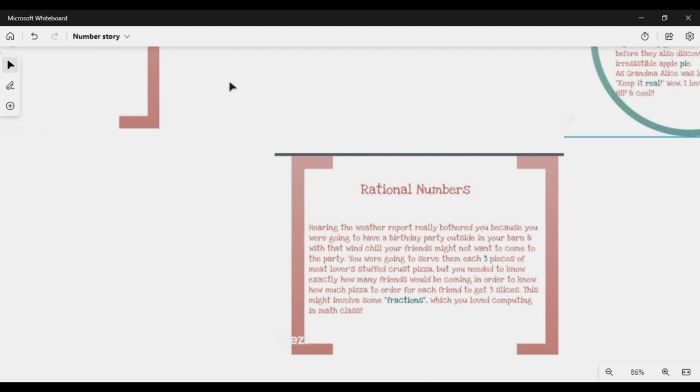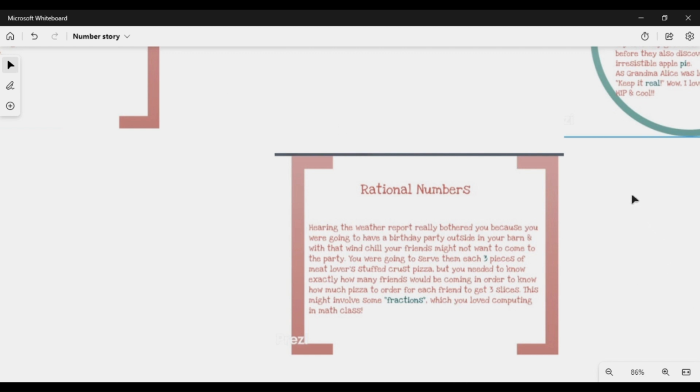When you were discussing the weather, the temperature was going down, and then you learnt about negative numbers. Then that set was called the set of integers. When you are giving a party to your friends, you have to divide pizza slices among your friends. Then you learnt about fractions, or you can say rational numbers. And this bigger set is called the set of rational numbers.